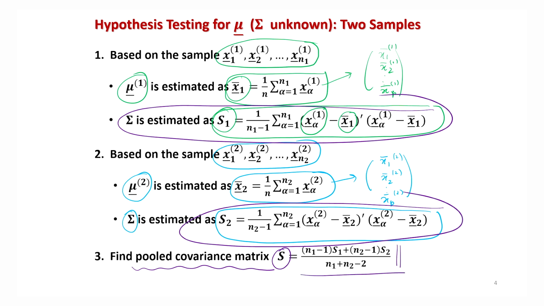If you try to recall, that is the same thing we have done in the univariate case, where we observed two samples from two univariate normal populations, estimated the sigma square from the two populations, and then obtained the pooled variance. So the same concept has been extended here, and we have obtained the pooled covariance matrix, right?